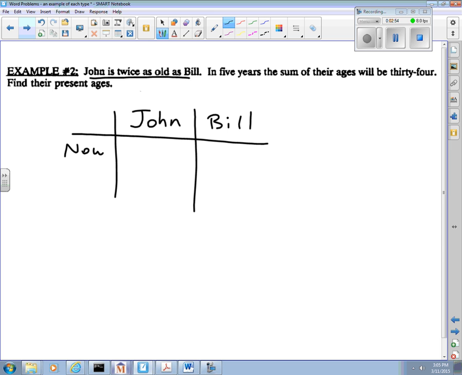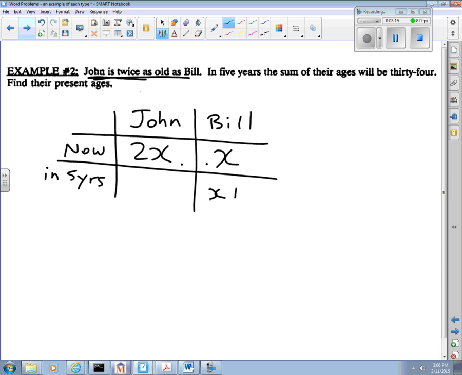Now and in 5 years. If you're following along in the booklet, you're going to see they do this exactly the same way as me. Right now, John is twice Bill. So it would logically make sense to make Bill's age x and John's age twice x. 5 years from now, no matter what these 2 numbers are, they're 5 bigger.